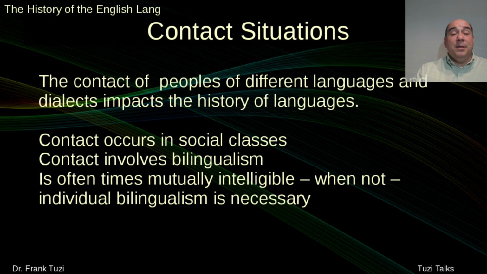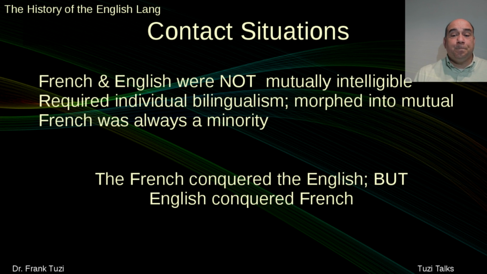That happens here, where you've got groups of people or certain individuals who can be that intermediary to have that communication going on. So that contact person is kind of necessary. There are times where you don't need it, but there are times where you do. So French and English were not mutually intelligible. They required someone to be bilingual.